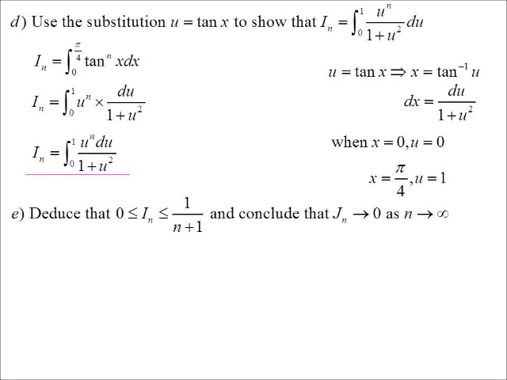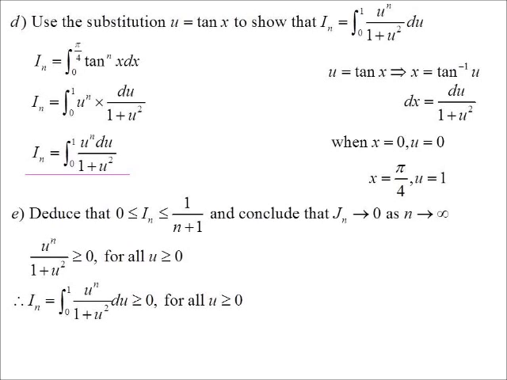Okay. It is fair enough to say that u^n on 1 plus u squared is always going to be greater than or equal to 0 for u greater than or equal to 0. Because the bottom of the fraction is positive, and raising a positive to a power keeps it positive, I can say that.